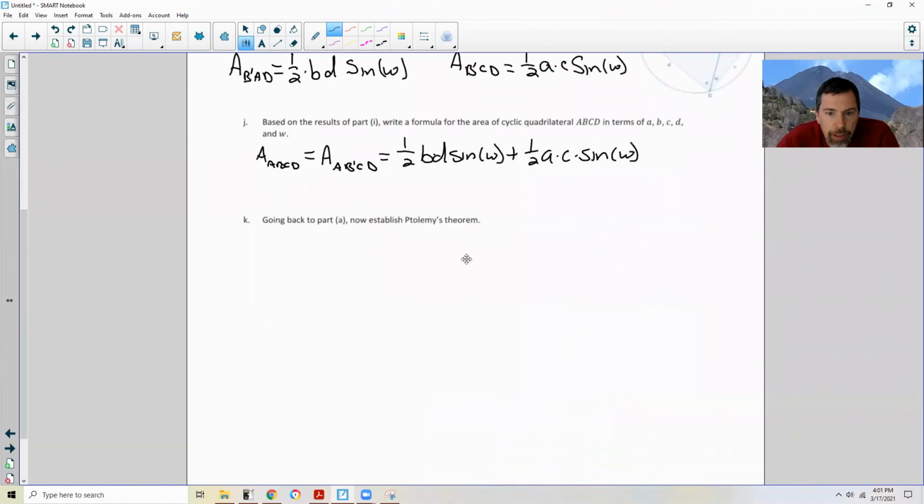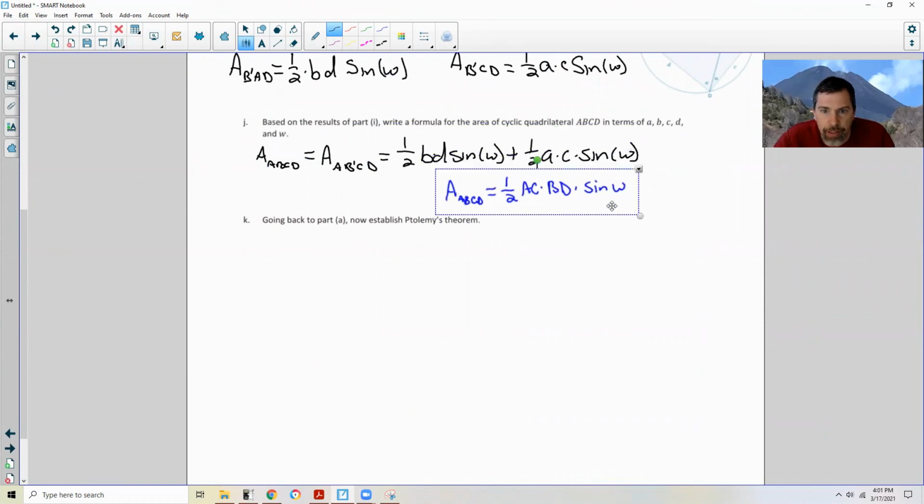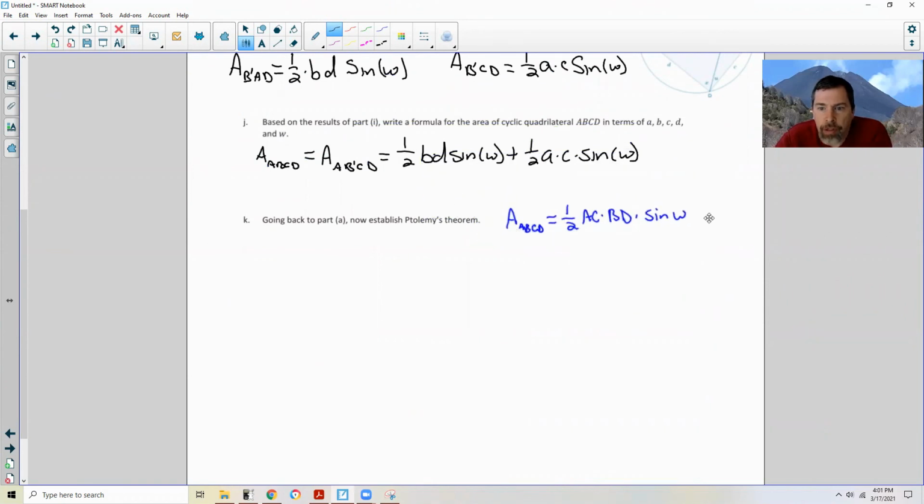Go to the end of this page, and I'm going to paste it on this page. So we're focusing on this equation. So what that said was the area of ABCD equals 1/2 AC times BD times sine of W, but here we have a plus. So we're going to do a two-part proof.